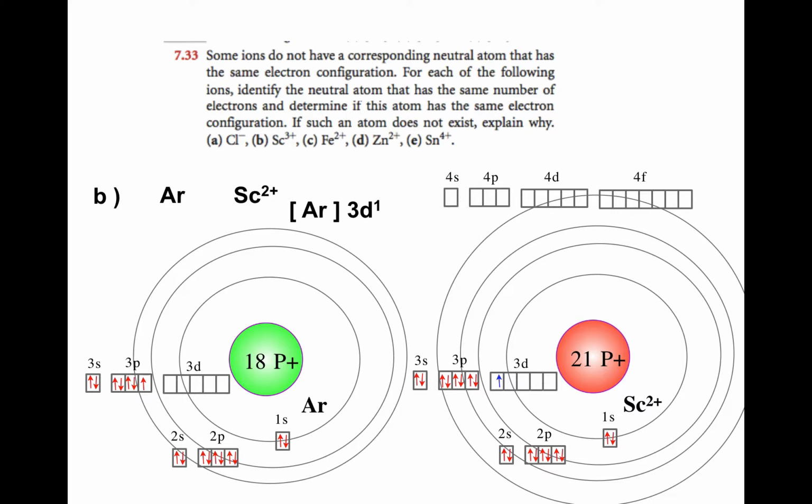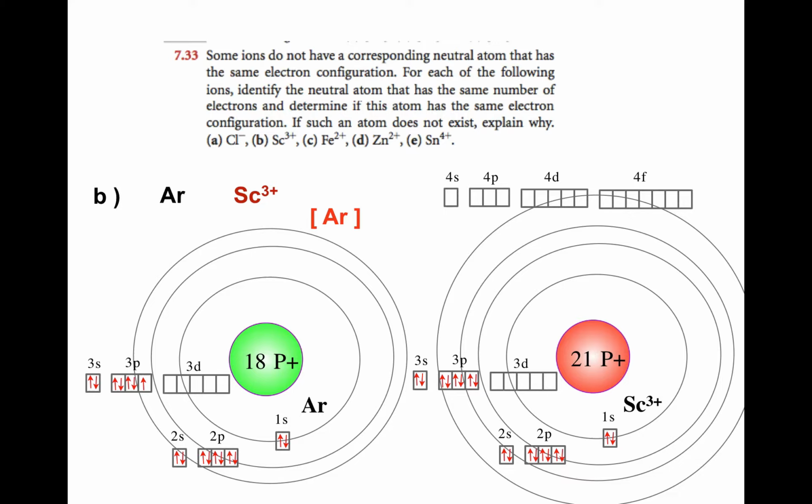We have an argon core with 1 electron in the 3d. If we remove that 1 electron from the 3d, now we have an argon configuration. So scandium 3+ is isoelectronic with argon, and they have the same electron configuration.